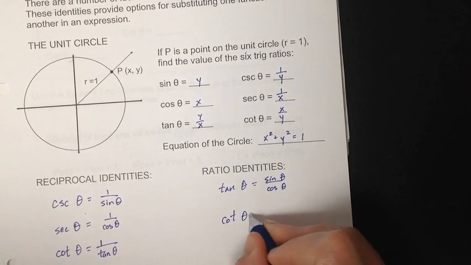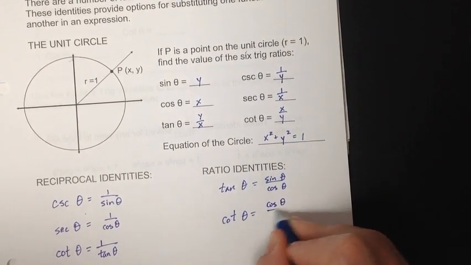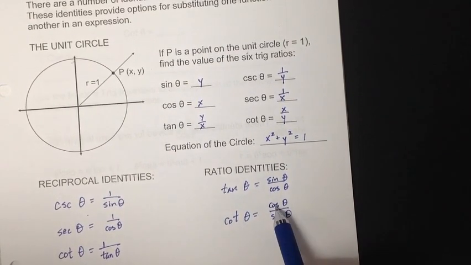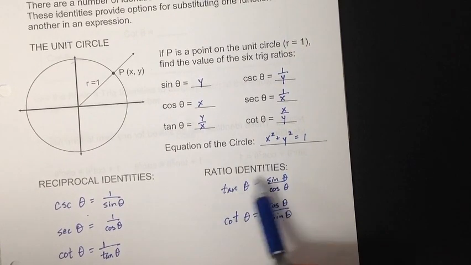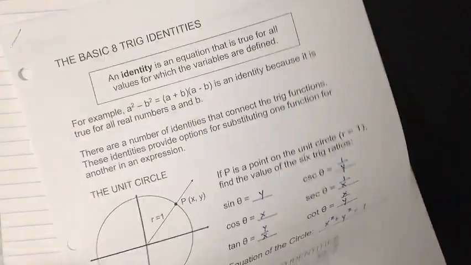Likewise, cotangent theta will be x over y. So that's cosine over sine. I always remembered this by when cotangent, cosine's on top, when tangent, sine's on top. Okay? Cotangent goes with cosine here. All right. So there's 5 of our basic 8 right there. 5 of the basic 8.